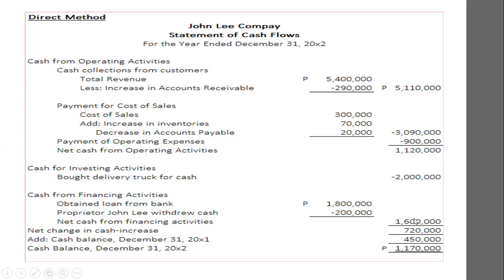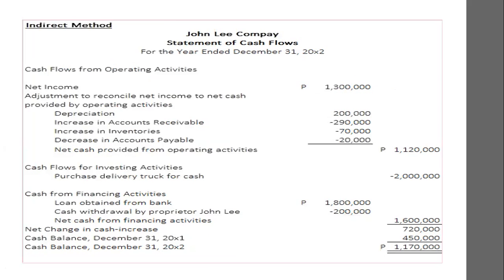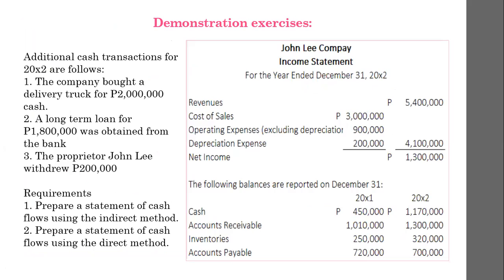Net change in cash increase is 720,000. Then, add natin yung cash balance beginning ng 20x1 na 450,000. So, a total of cash balance December 31, 20x2, 1,170,000. So, nag-balance pa din po sa ating cash balance ending.